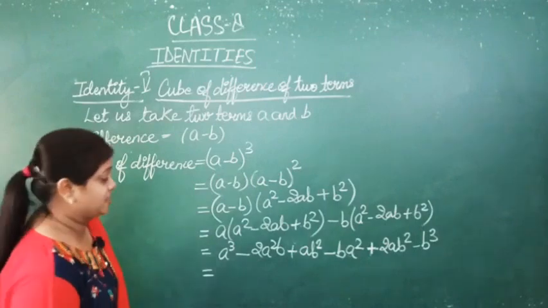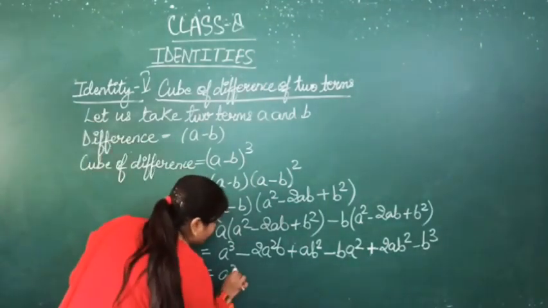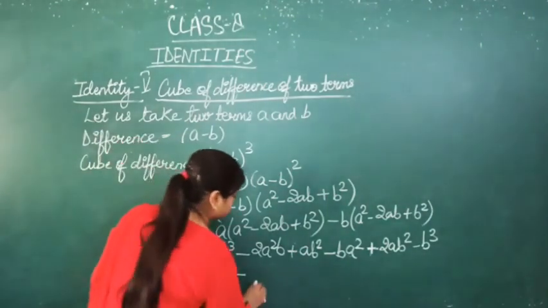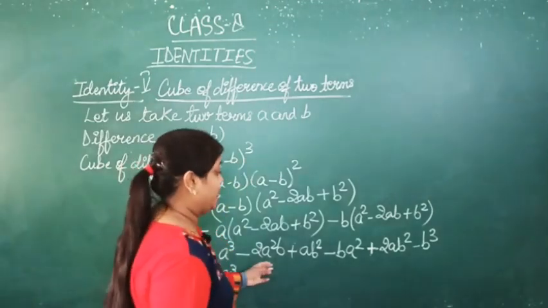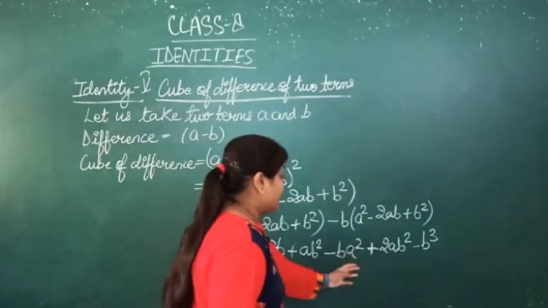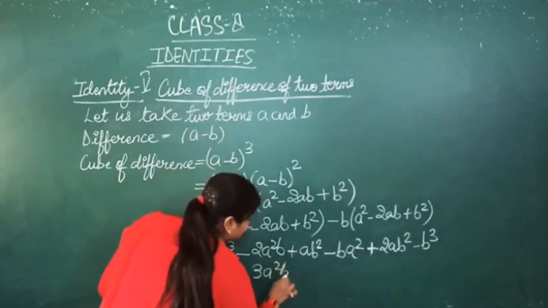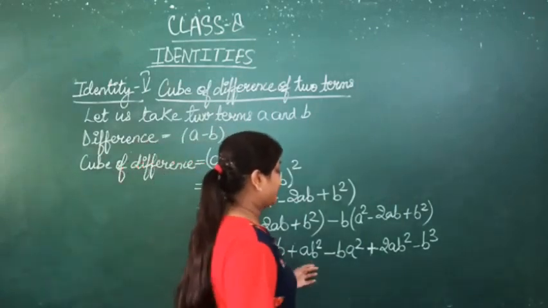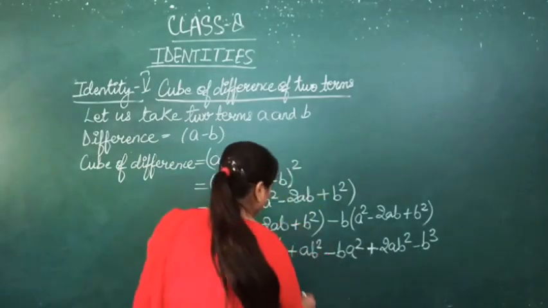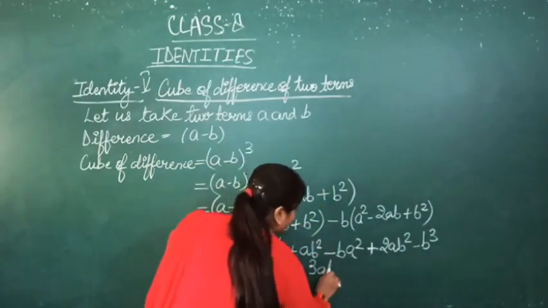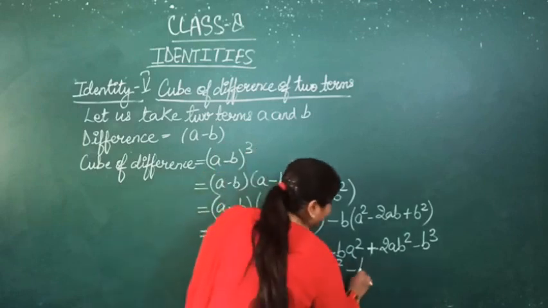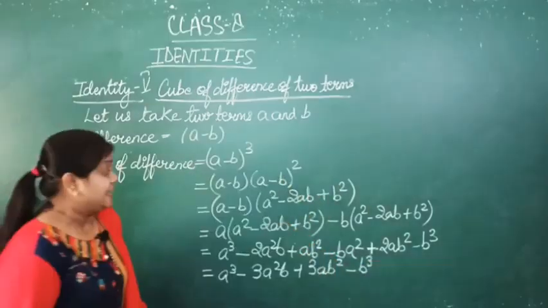On simplification, we get a cube minus 2a square b and minus ba square will give minus 3a square b, and plus ab square and plus 2ab square will give plus 3ab square and minus b cube.